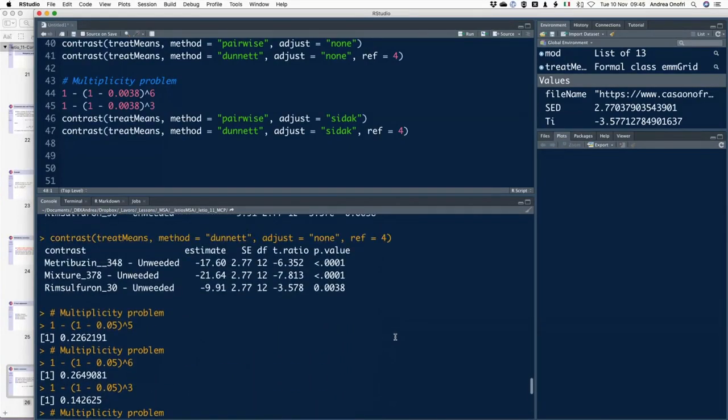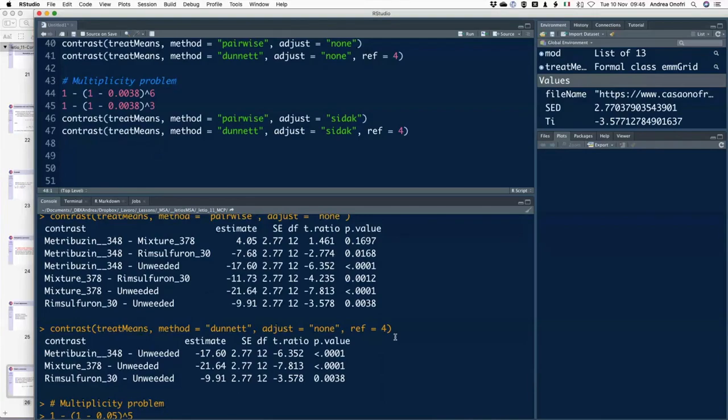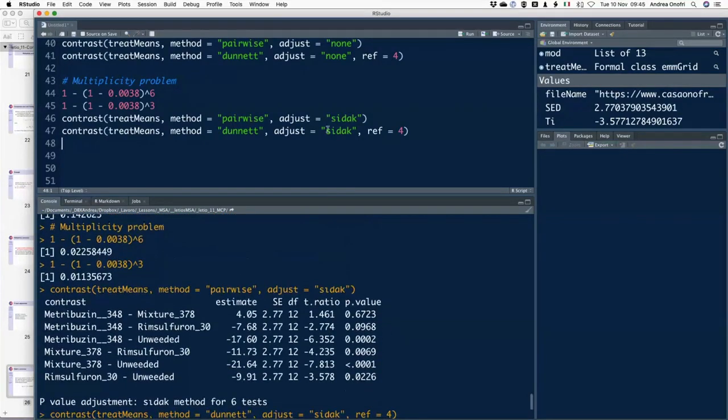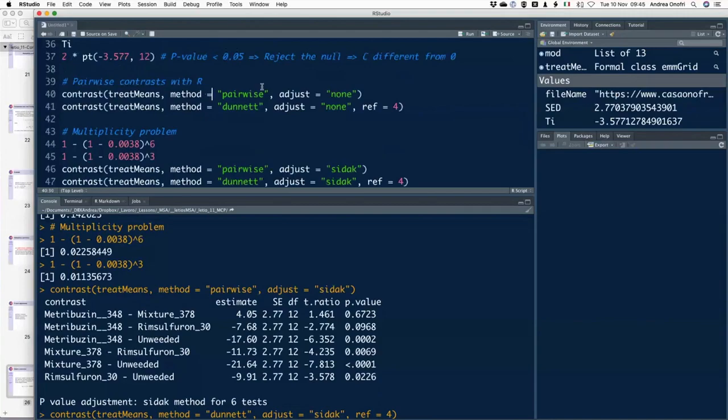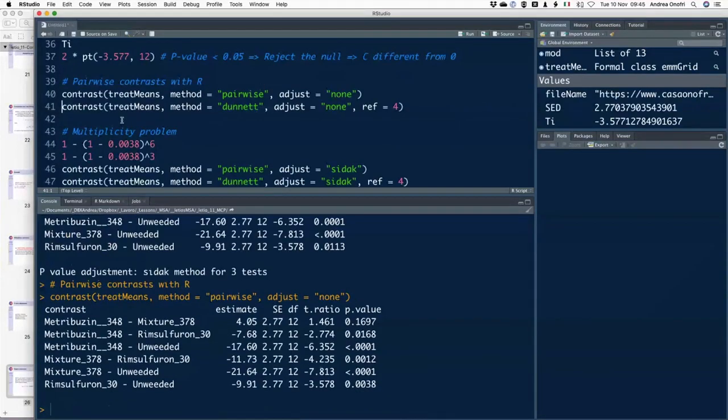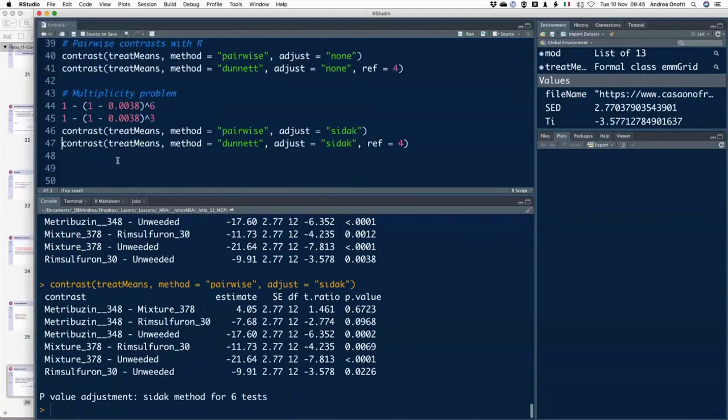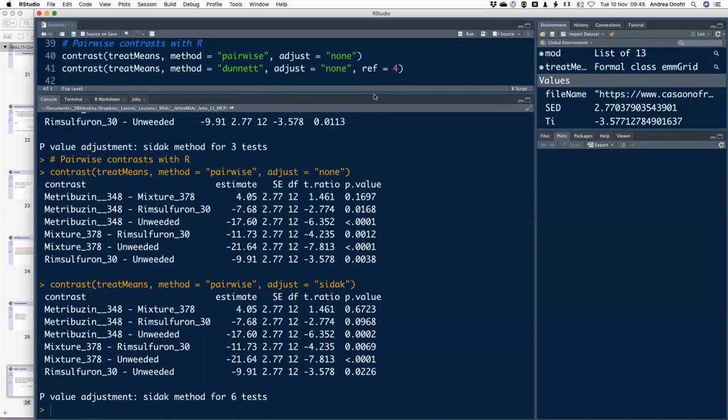What is the consequence? I think we should take a look at both the methods. Here is without correction. Here is with correction. Let's look at this one with the other together. Look at this contrast here. So that is metribuzin against rimsulfuron.